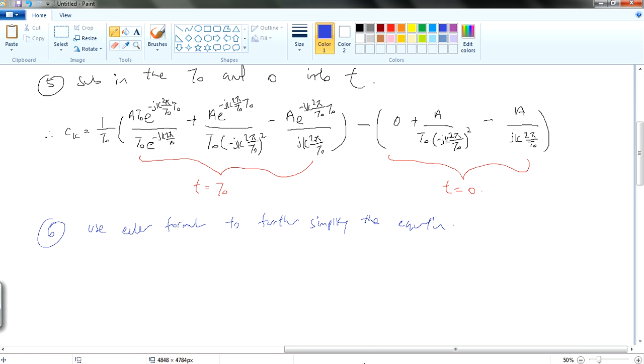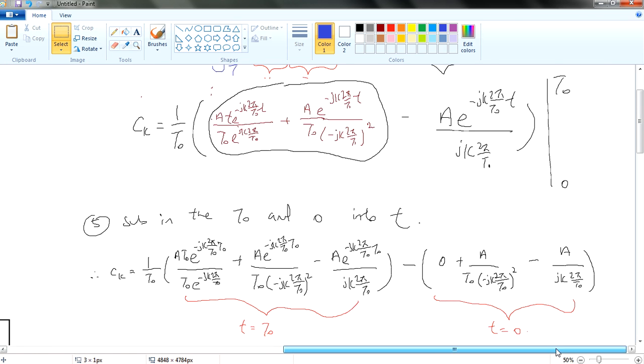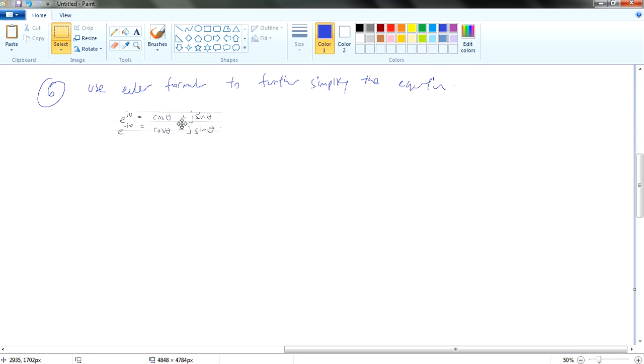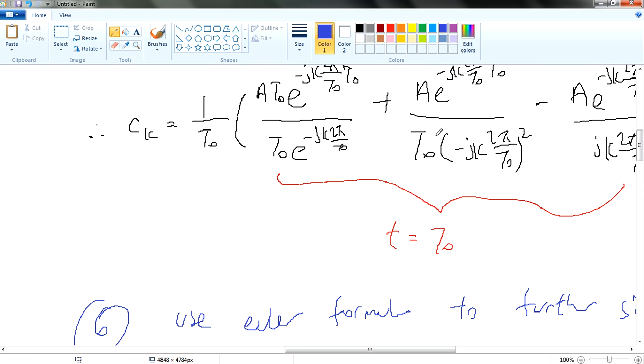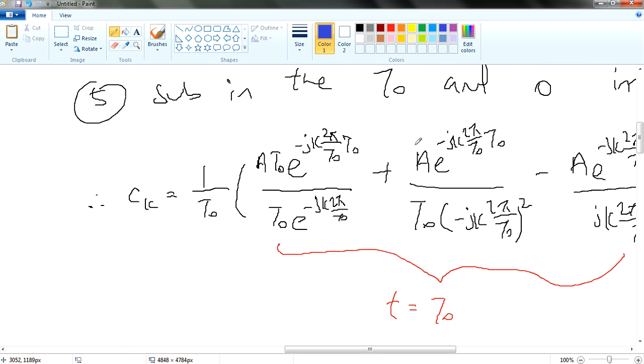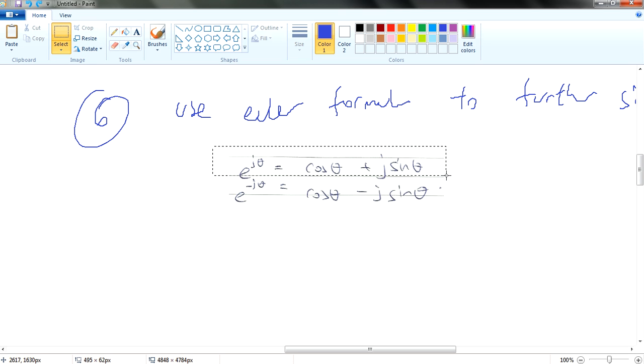So where is the Euler formula? It's over here, so let's paste it. Apparently I just need this. So what is it? As you can see, this is t naught and this is t naught, so we cancel out. Here I need this, not that.